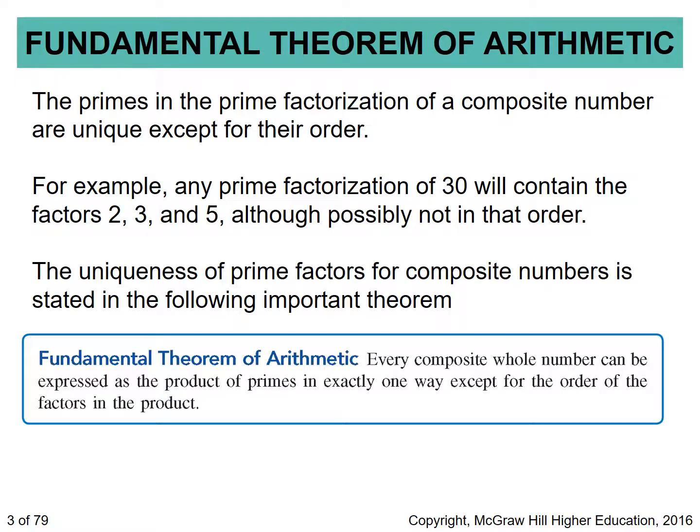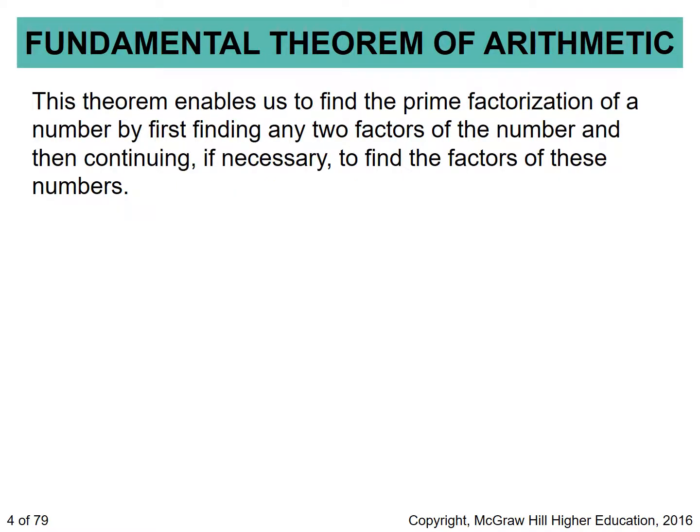And we state that fundamental theorem of arithmetic in this way. Every composite whole number can be expressed as a product of primes in exactly one way, except for the order of the factors. Well, what this allows us to do is a lot of things in mathematics.